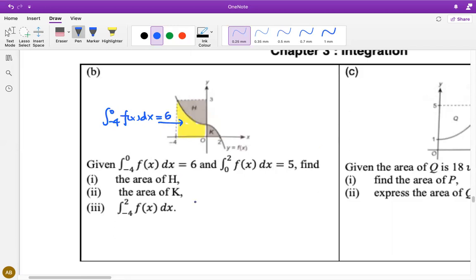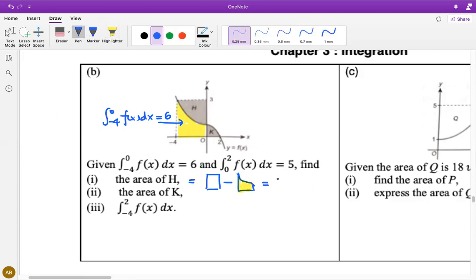So the h will be the total rectangle area, and you minus the area like this, the yellow part that I already shaded.